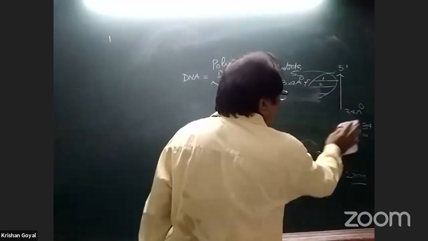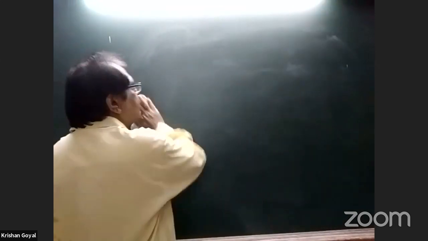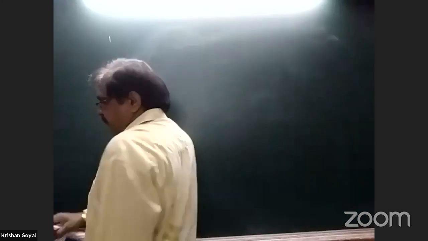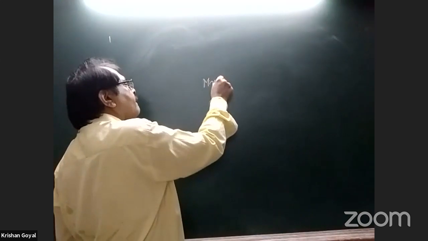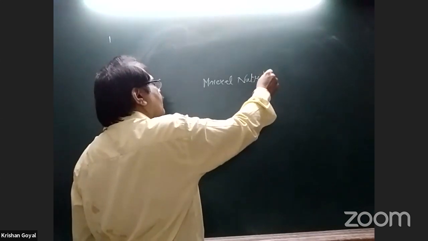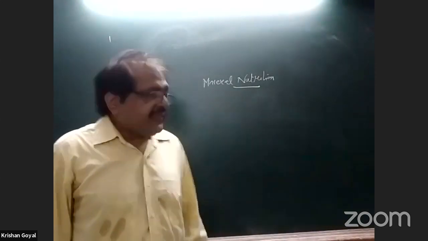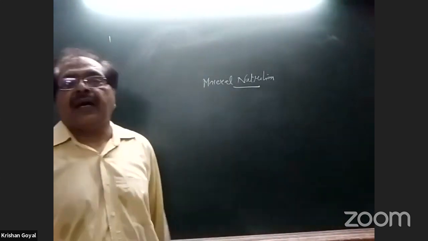Now, Madam has already taught you about the transport in plants. Now we come to the next chapter of plant physiology, that is mineral nutrition. There are certain minerals which are essential for the growth of a plant.